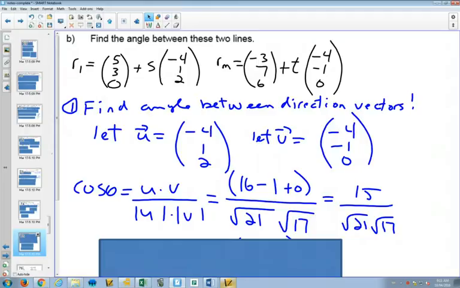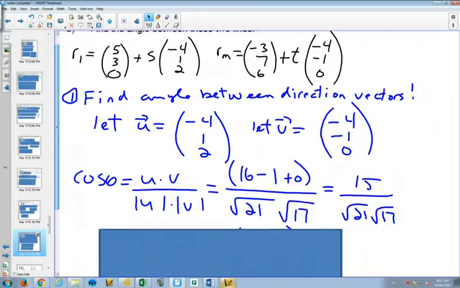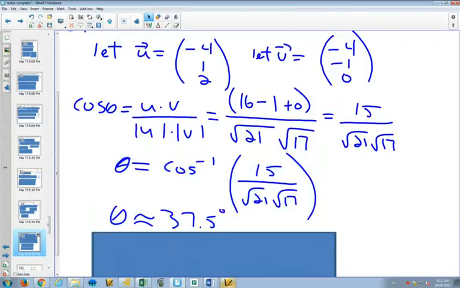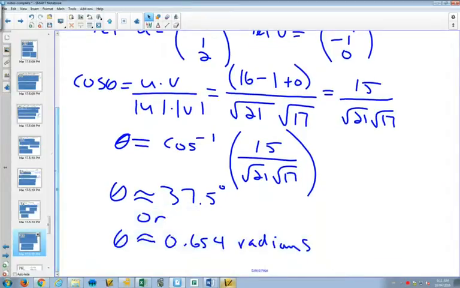And then finding the length of each of them, a squared plus b squared equals c squared, and then taking the square root. And you get cos of theta is 15 over the square root of 21 times the square root of 17. So you'd have to do cos inverse, and if you were in degrees, you'd get 37.5 degrees.